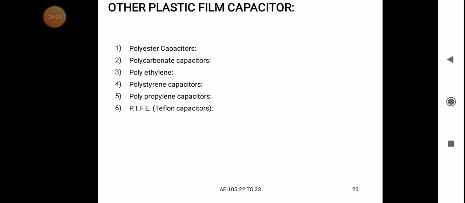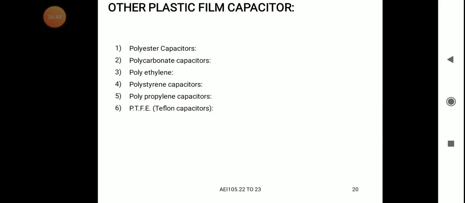Depending on the material we use for the dielectric, they are called by that name, a plastic film capacitor. All these are plastic polymers.